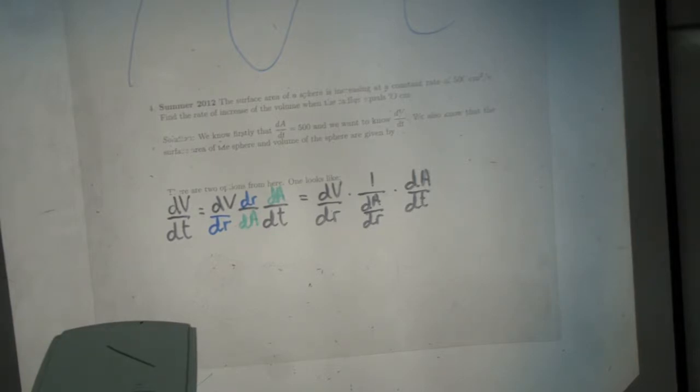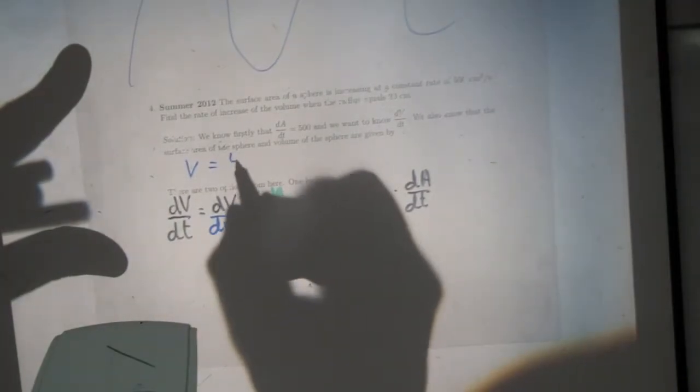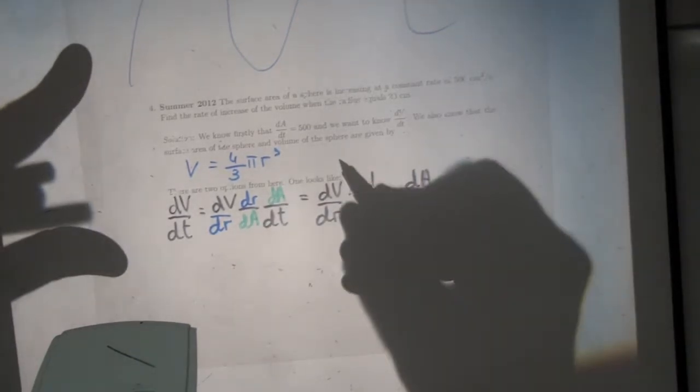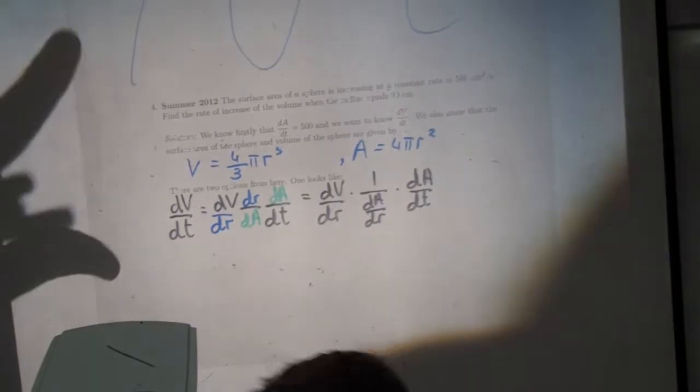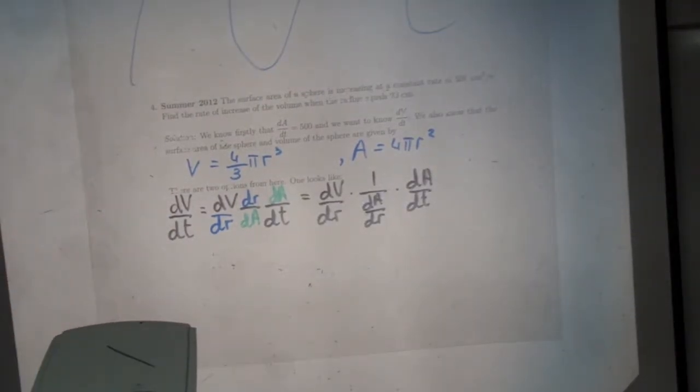Well, I have to write up some formulas now because we need the volume of a sphere, which is 4/3 pi r cubed, and the area, which is 4 pi r squared. And now we just have to stop for a second.